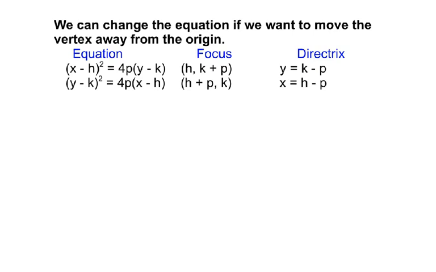Then your focus is at (h, k plus p), because the vertex is (h, k). And so you would add p to the y coordinate to get the focus for an x squared function, and then you would add the p to the x coordinate if it's a y squared function. And then your directrix can be found for an x squared, y equals k minus p, and for y squared, x equals h minus p.